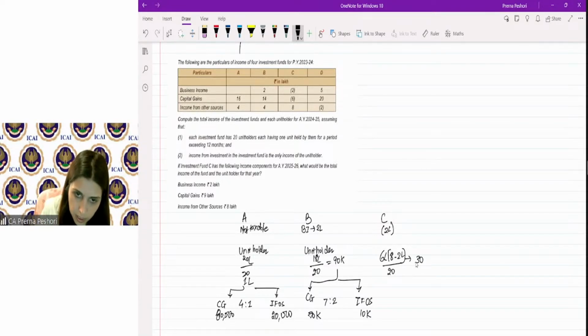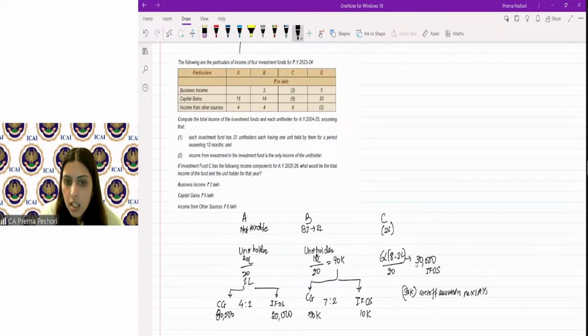So this will be 30,000 as income from other sources. And the 6 lakh, which is there as capital gain, this will be the 30,000 set off allowed in next AYs or in succeeding AYs.